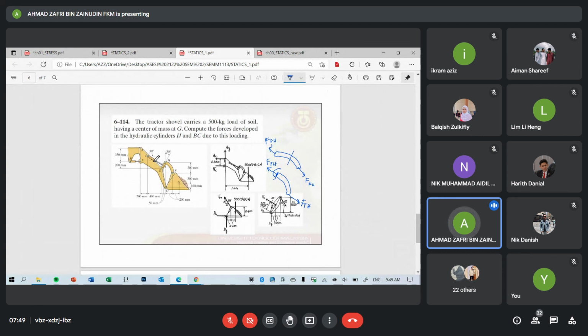Area of circle, area of triangle, right? So use the knowledge of how to calculate the area. Use it here.